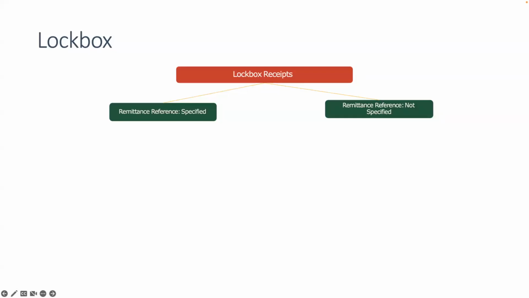So if the remittance reference is specified, the question is how are you then going to find the transaction? Now, if it's specified, then you need to look for your match receipts by rule.